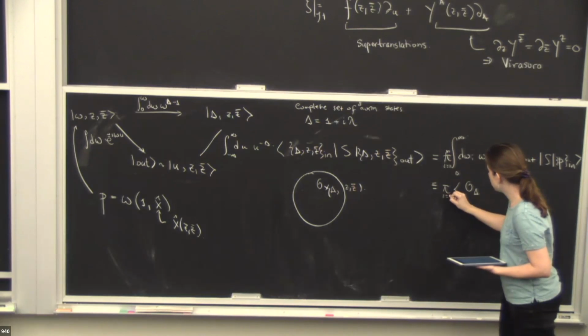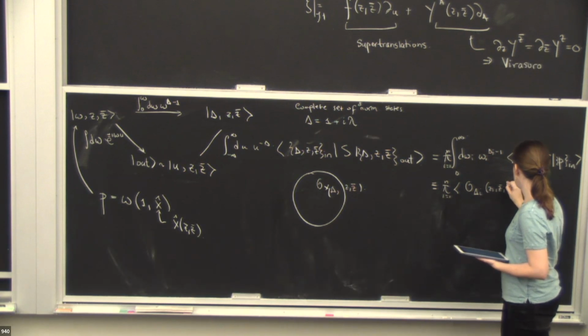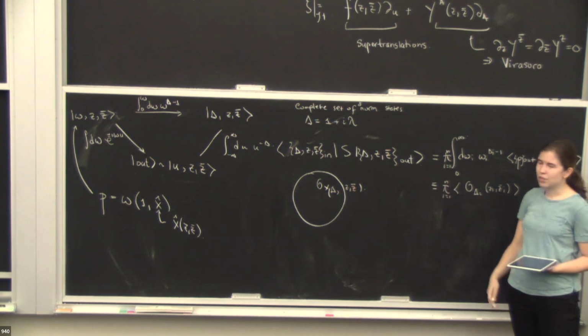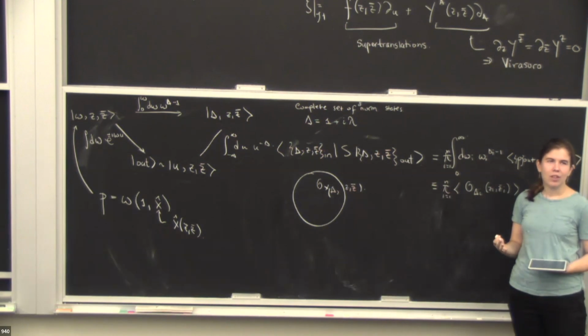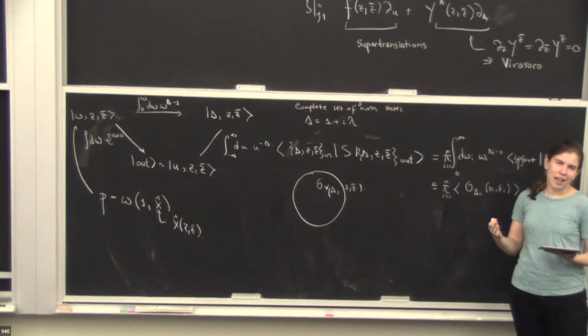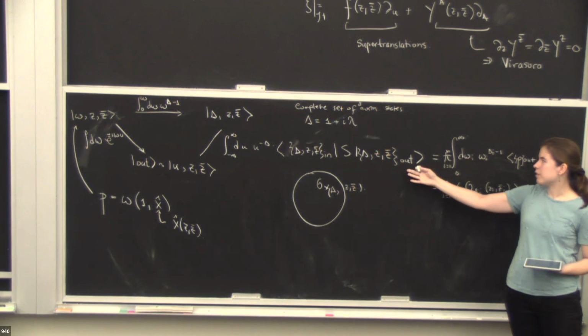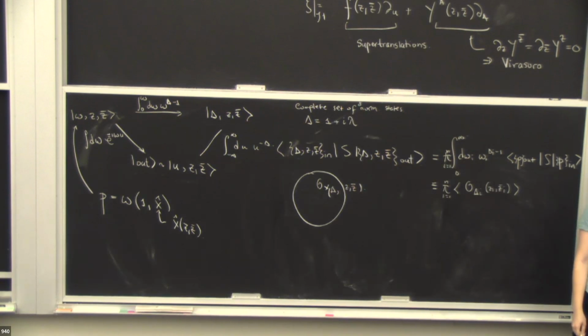Actually, question. You said it is an observable like the S matrix, but the gravitational S matrix has infrared divergences. Is this an infrared safe observable? Yes, this is a good question. I'm not going to focus on that problem in this talk, but you can make an infrared safe observable in the celestial CFT by choosing these asymptotic states to be particular kinds of dressed states that involve coherent states.